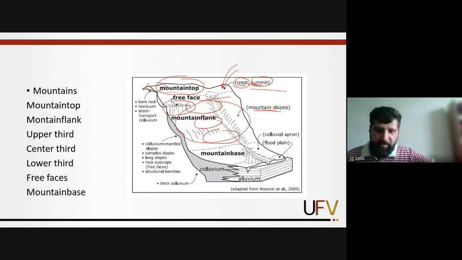We have the mountain base, that area where we can identify a greater depth of this colluvium and alluvium material, where we can identify the materials that were eroded from higher positions to the lower positions. And of course, when soils are deeper, they are also buried.